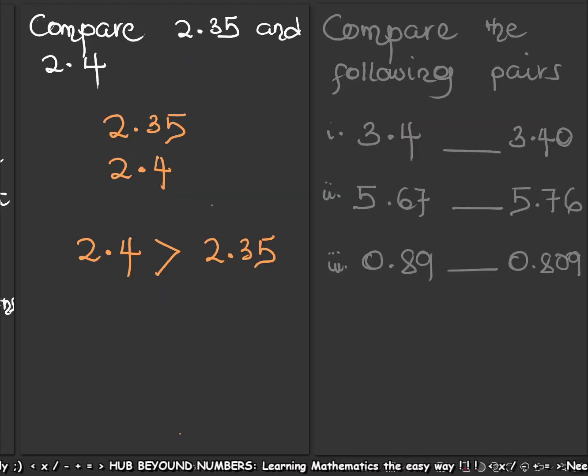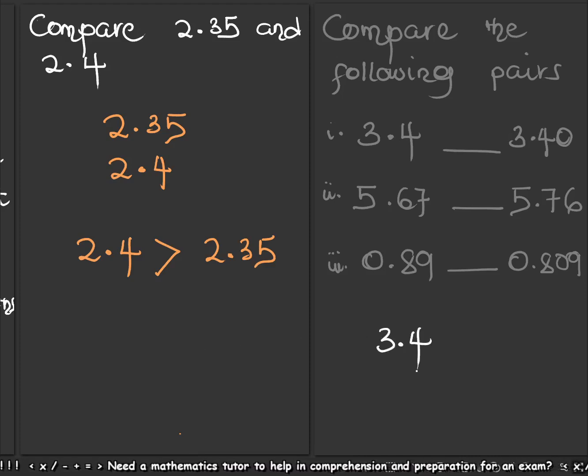Now, in view of what we've done here, let's do these 3 and then we see. It says you have to compare the following pairs. The first one, we have 3.4 and 3.40.